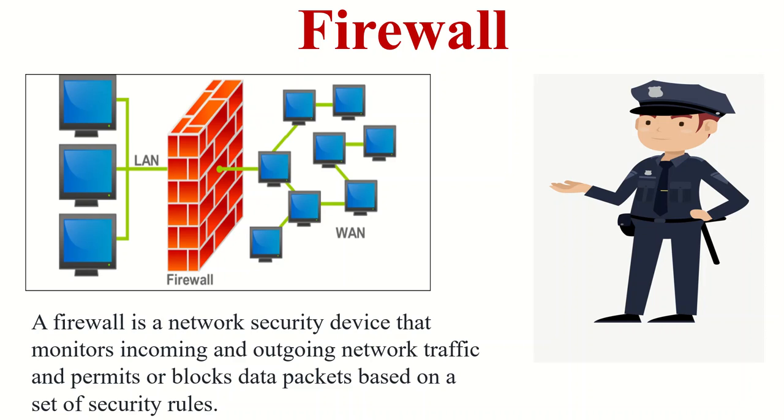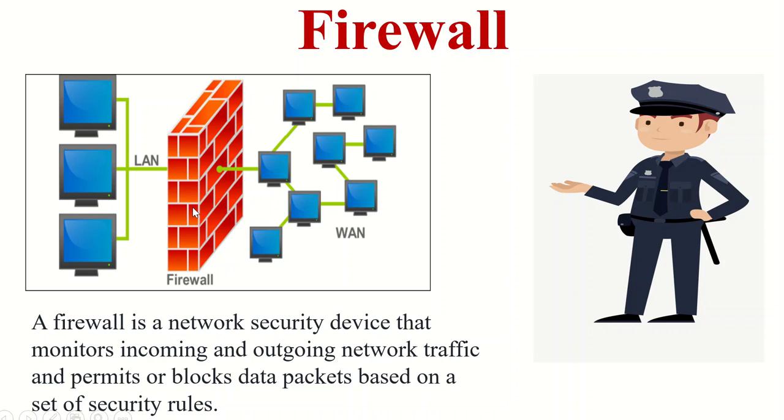If he sees any visitor having some suspicious activity, then he simply does not allow that person to come inside the organization or the building. The same work is done by the firewall also.